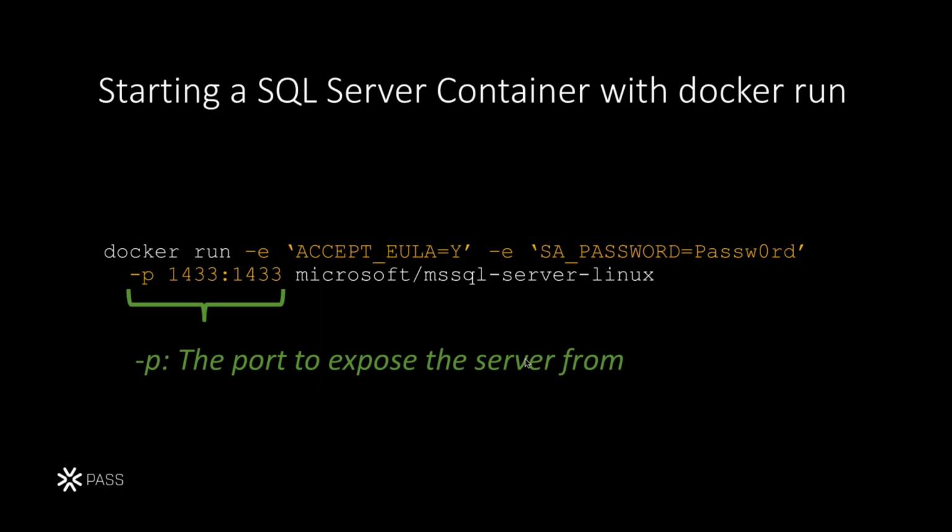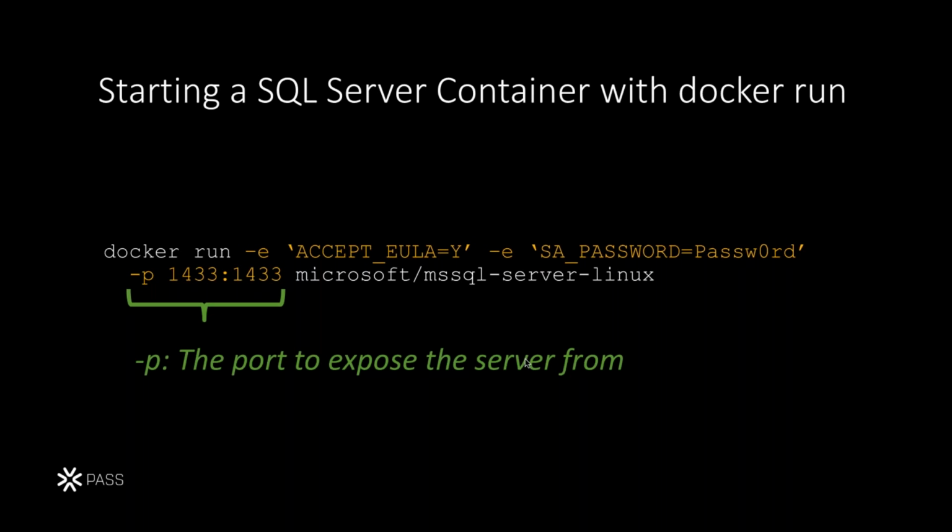So you also need to specify the port. Even though the SQL Server container defaults to being able to connect at 1433, that's SQL Server's port. So this is just the default. This will let you connect to SQL Server inside the running container by using localhost and then 1433.